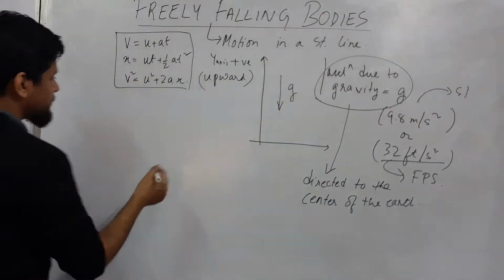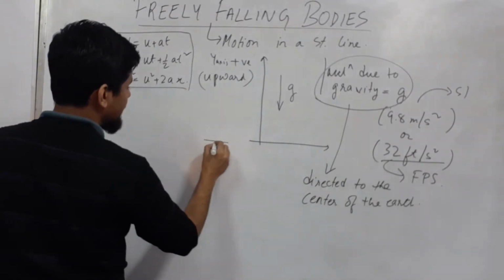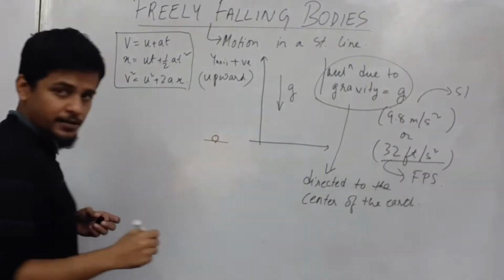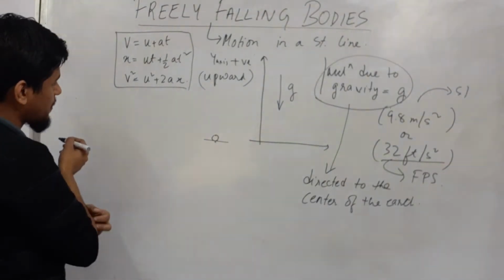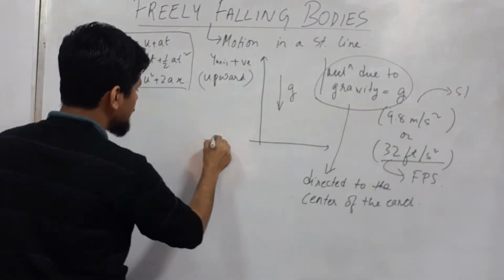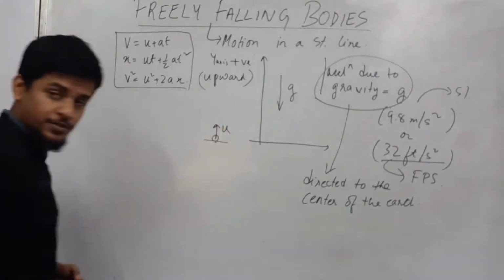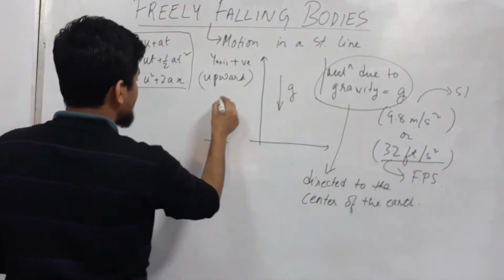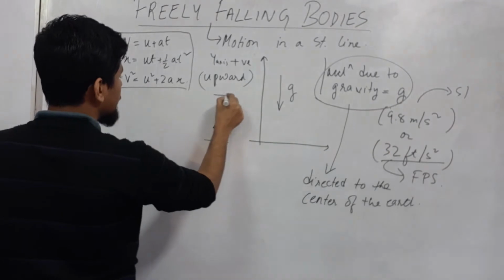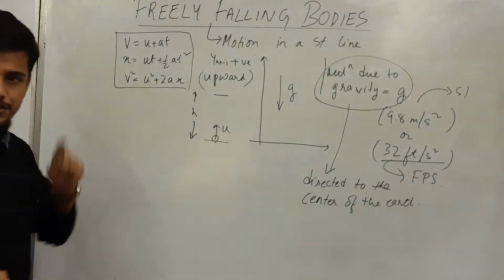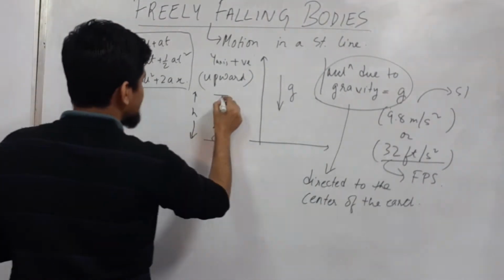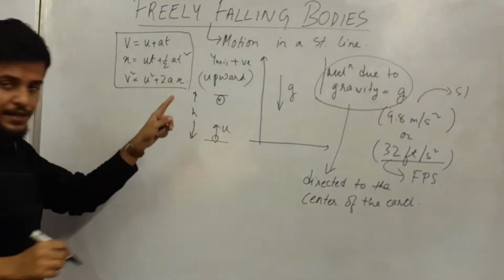Suppose we have an object over here, and we are throwing it with the initial velocity u, and it reaches some point, suppose h, after time t, and the velocity at this point will be v.